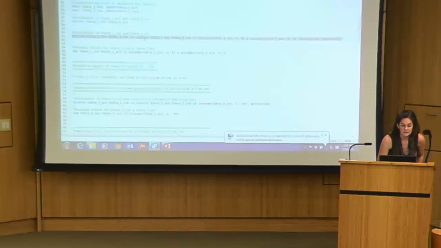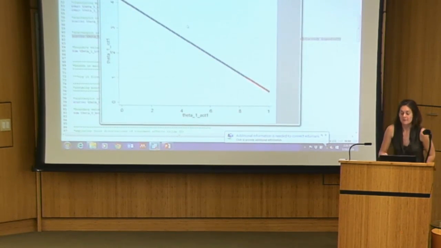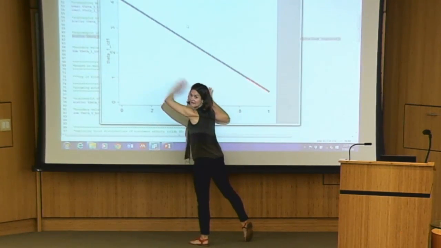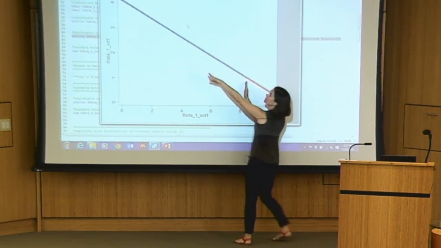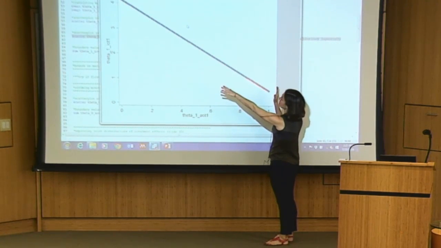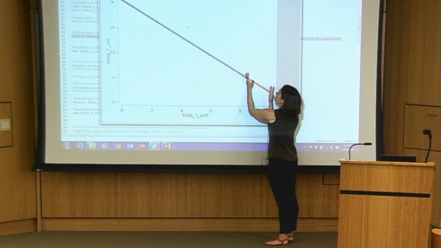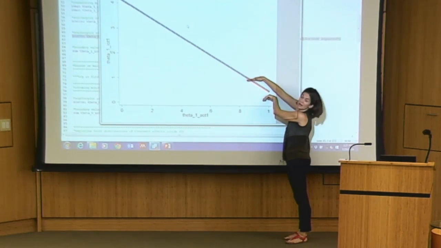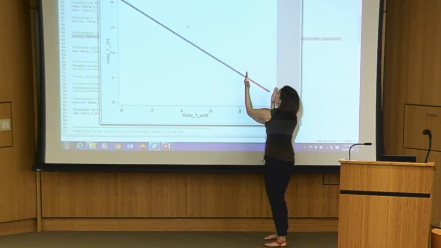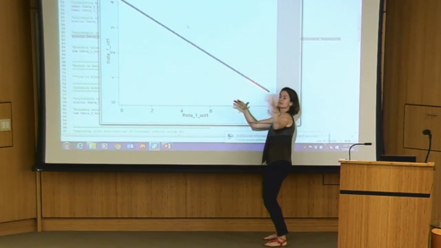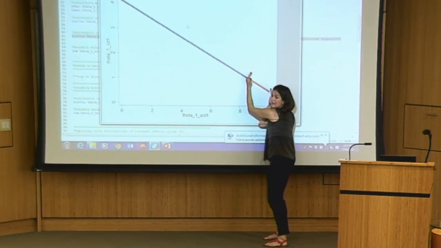So if I do that, then what I see is that even though I started off with all of these values over here, everything that's not in blue is not possible, because theta 1 IOT is too large. The vertical range tells me about the range of theta 1 IOT that's possible, and the horizontal range tells me about, with no other restrictions, the range of theta 1 AOT that's possible.